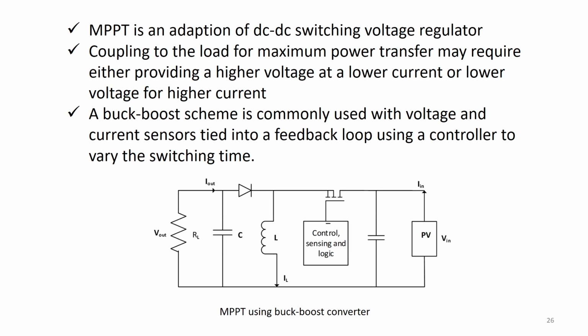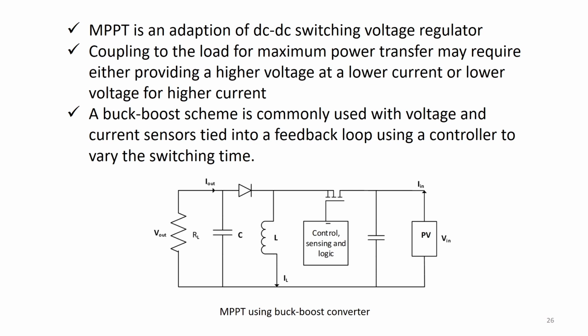This MPPT is an adaptation of a DC-DC switching voltage regulator, coupling to the load for maximum power transfer by providing either a higher voltage at lower current or lower voltage at higher current. And a buck boost scheme is commonly used, with voltage and current sensors tied into a feedback loop using a controller to vary the switching time.